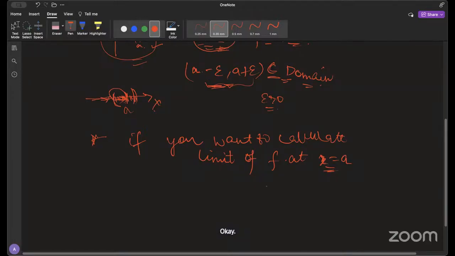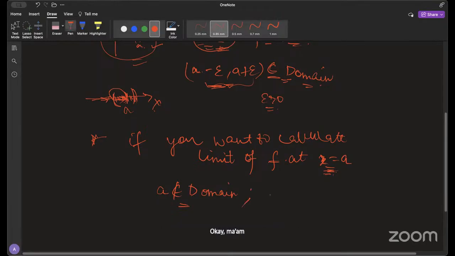Okay. So if you want to calculate the limit of a function at a point, say x equals a, we're not talking about what exactly limit is. We just first need to know the condition to even talk about the limit of a function at x equals a. First thing is, you don't need a to be in the domain. Even if a is not in the domain, you can calculate the limit at x equals a.